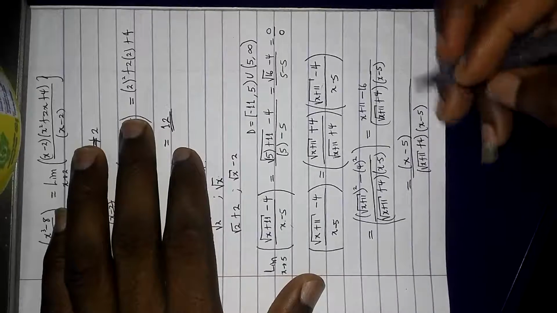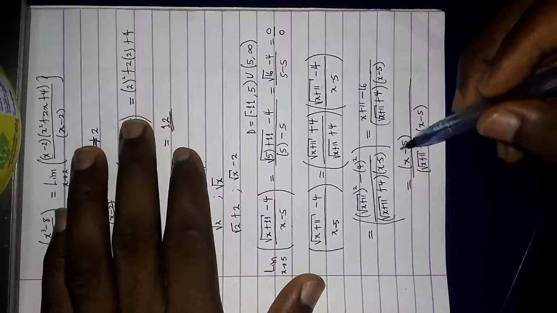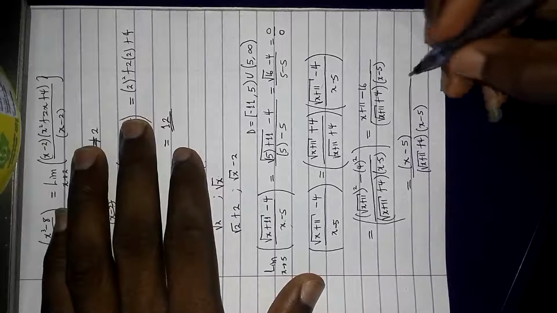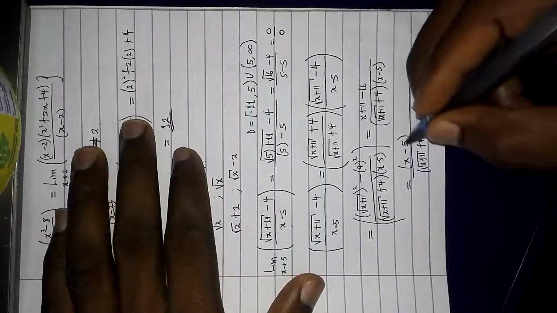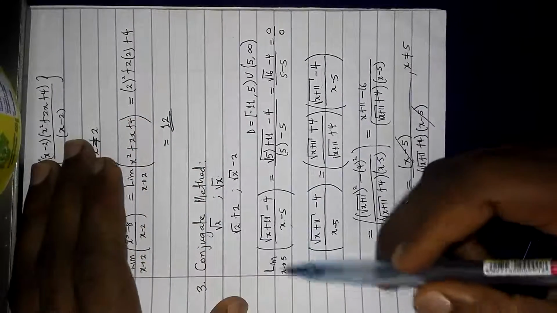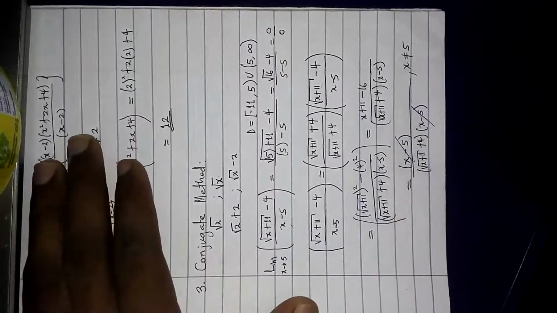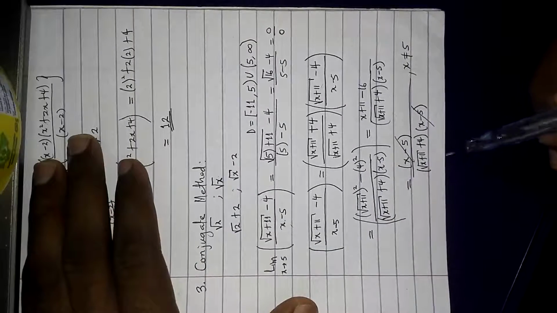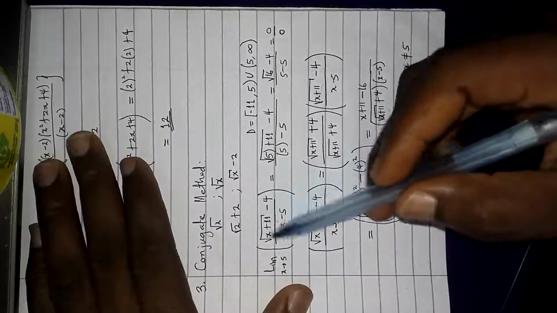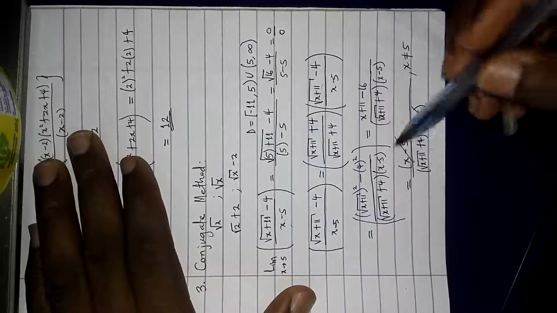If you put in 5 here, you're still going to get 0 over 0, so this x minus 5 can cancel this x minus 5, provided that x is not equal to 5. Of course, we are safe because we are not interested in x becoming 5 in the first place. So that means, provided our x is not equal to 5, this function is equivalent to this function.